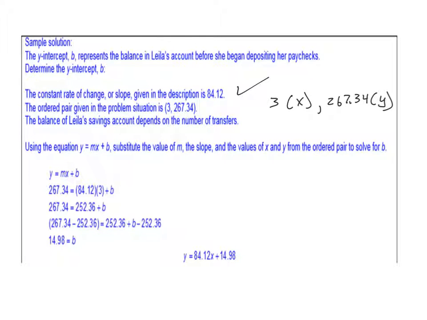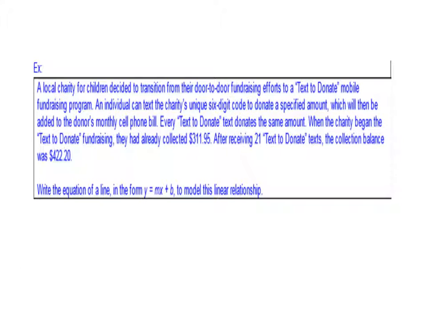So my equation comes to y is equal to 84.12x plus 14.98. Okay, move right along. Now, anytime that you might want to stop, and if you like to, at this point, you might want to see if you can work this problem, and then start the video back.